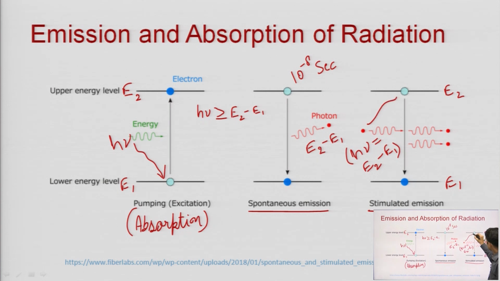So, this photon of energy E2 minus E1 is striking on this electron, then what will happen? This electron will jump to the ground state before this time.